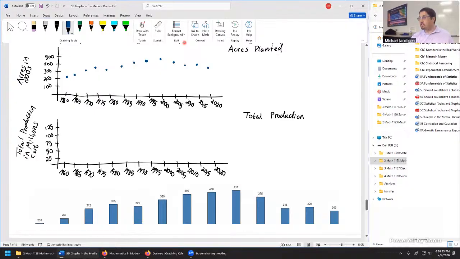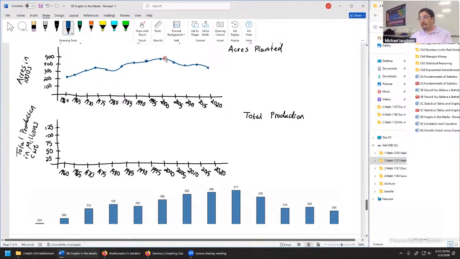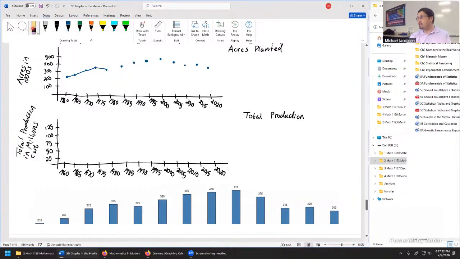So to make this a line chart, what we do is we do straight line segments going like this. We don't let it curve because that would be saying we know something about the data in the in-between years. If I went a little fancy and curved it like that, it might look kind of nice as a smooth curve, but I'm saying something with some of these peaks and values, like I know data that I actually have no idea on.